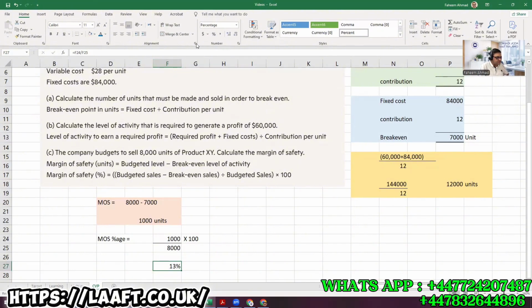So you can see margin of safety is 12.5%.